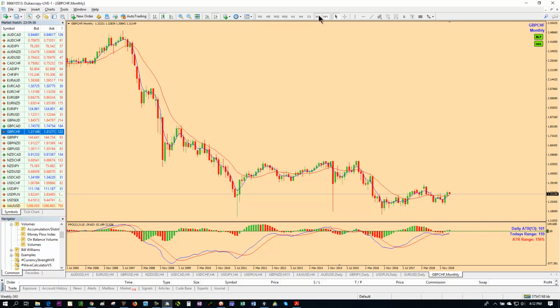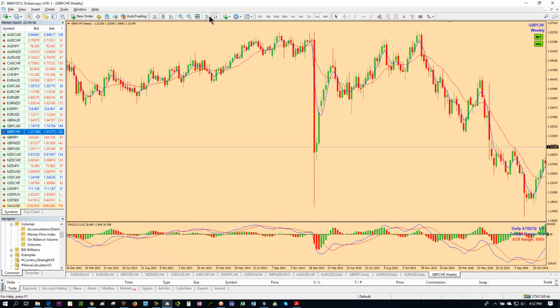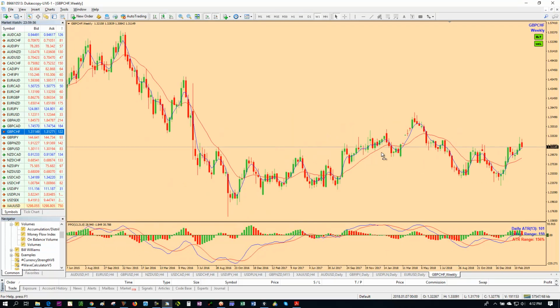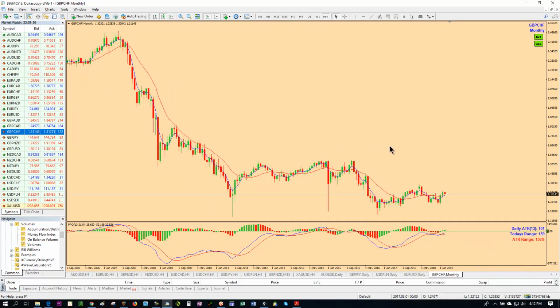So let's drop down to the weekly, and let me just move this over. Let me just go back to the monthly real quick. At this point on the chart, this is very important right here. This is a 1, 2, 3 top. So this is taking us down into a fourth wave.